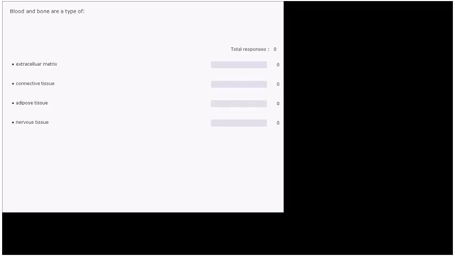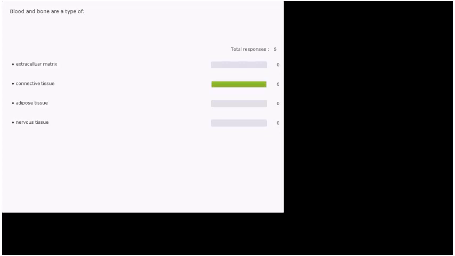Oh, there it is. So blood and bone are a type of extracellular matrix, connective tissue, adipose tissue, or nervous tissue. Most people are saying connective tissue, and that is correct. See, you're so smart.